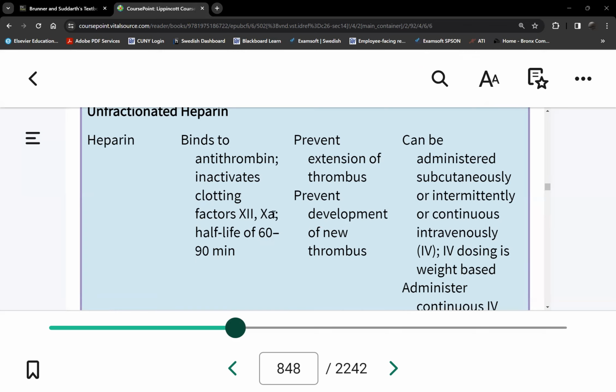Now, 10A is, if you picture the intrinsic pathway of the clotting cascade, like in the middle. So when these clotting factors are activated, they meet at 10A. So at factor 10A formation, they start activating thrombin.